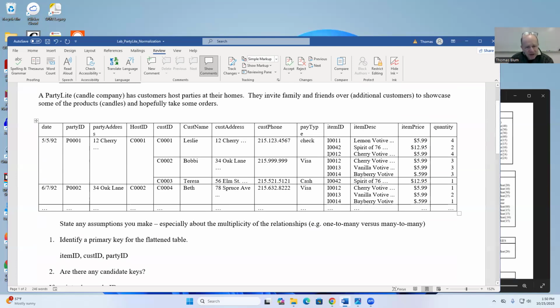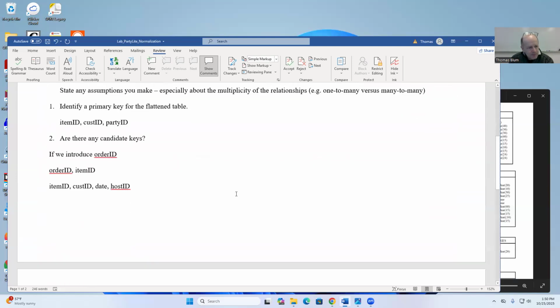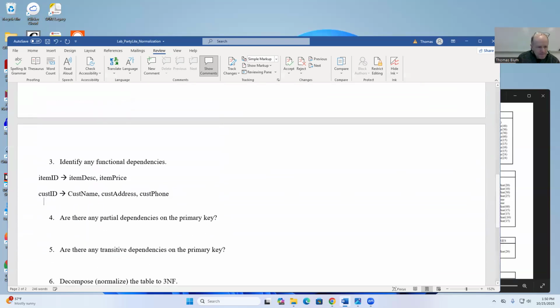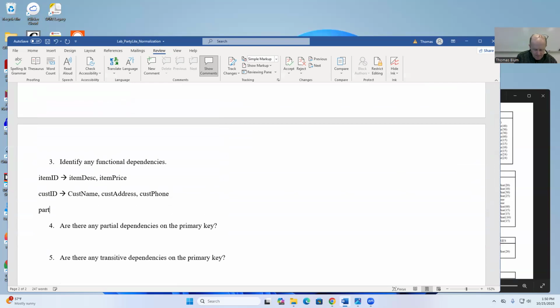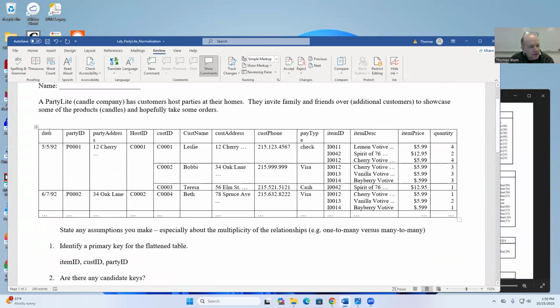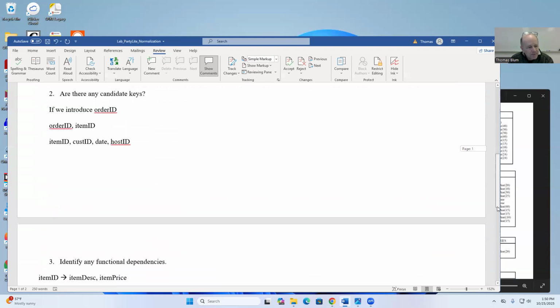Then we have the party ID. Party ID, and that was telling us the date. And host ID, we know who the host is. And what else was up there? Party address. Okay, party address.